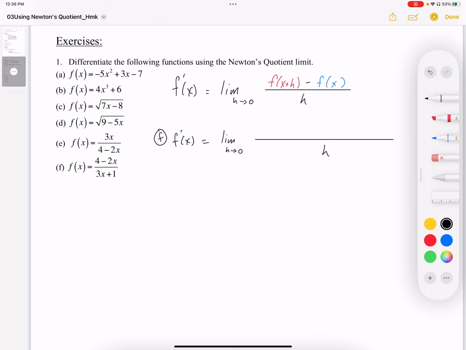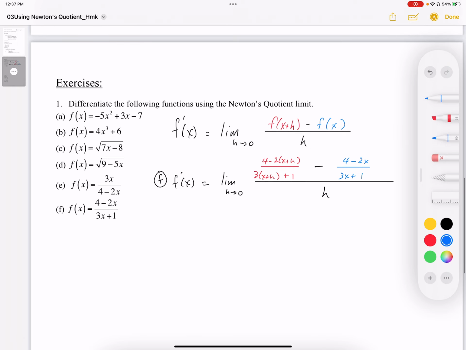Okay, so I'm going to take the f of x plus h, so I'm going to write this as 4 minus 2 times x plus h over 3 times x plus h plus 1. Okay, and then minus my f of x is going to be 4 minus 2x over 3x plus 1. Okay, so there's my Newton quotient.